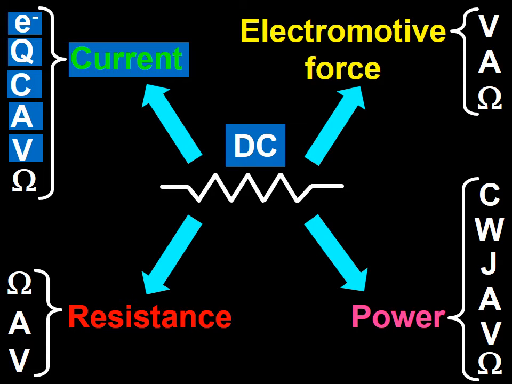As you can see, we have already discussed current, direct current, electron, charge, coulombs, amperes, and volts. The purpose of this question and those following is to introduce the symbol for resistance and to explain its nature.